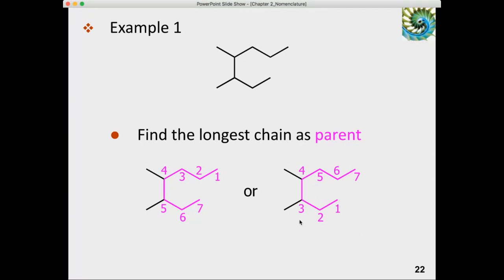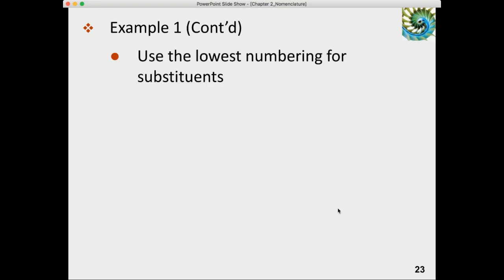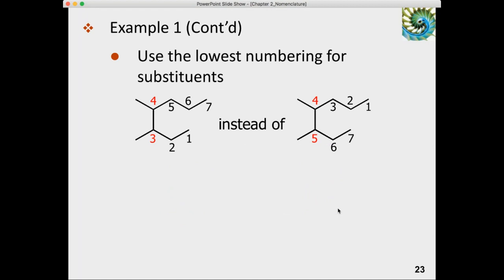So clearly, this is where we find the correct numbering. Because number 1 will be on the end carbon at the bottom, the substitutions will be in positions 3 and 4. In position 3, we have a methyl, and in position 4, we have another methyl. So to name this compound, we have now 3,4-dimethyl heptane.